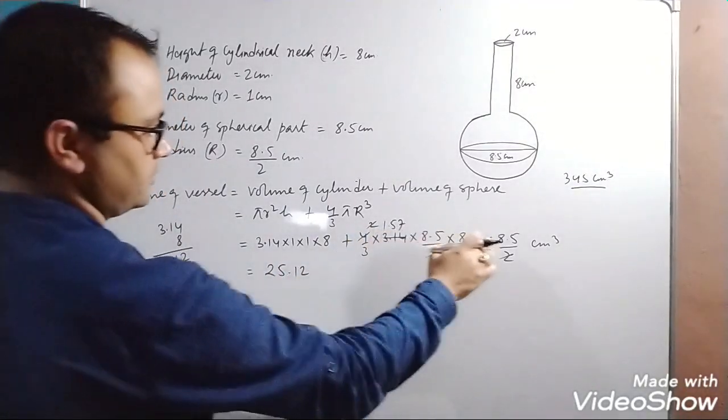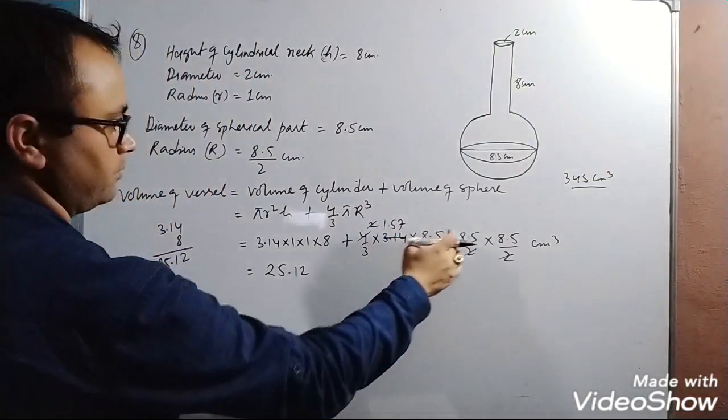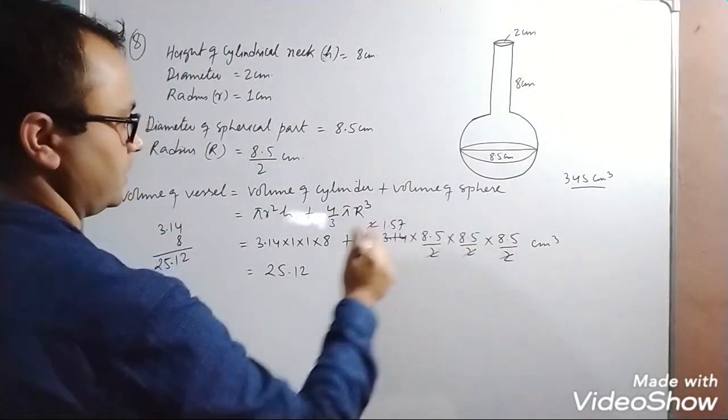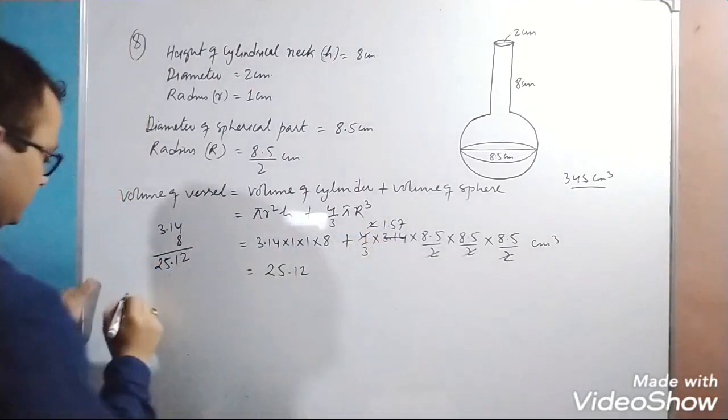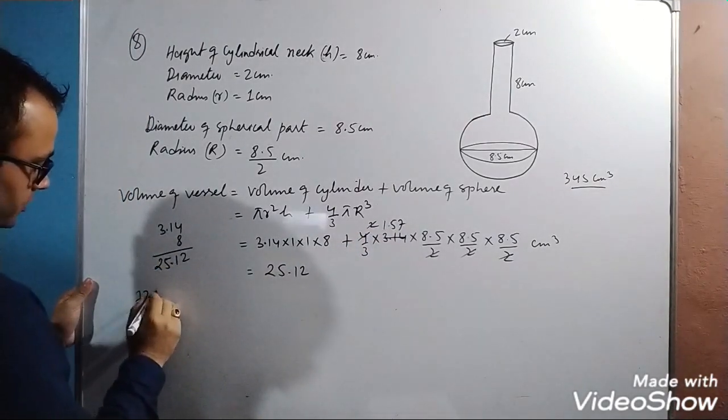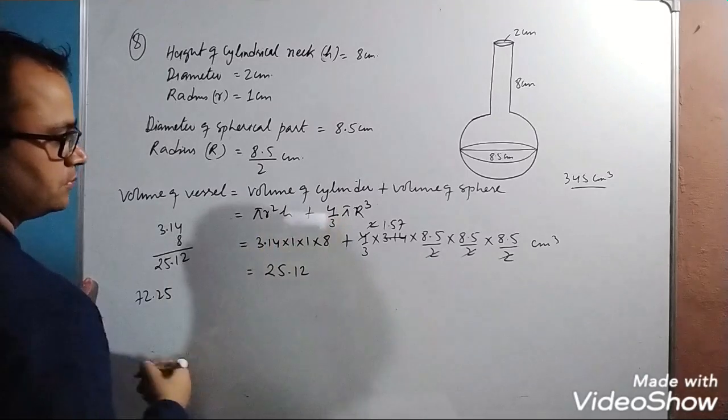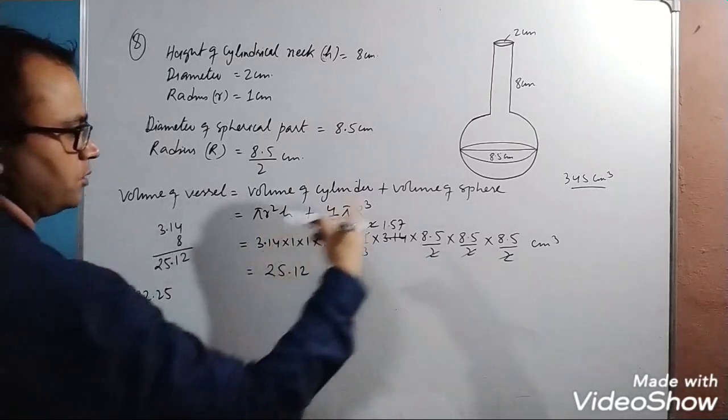Now multiply this. 8.5 into 8.5 is 72.25. Again multiply with 8.5.